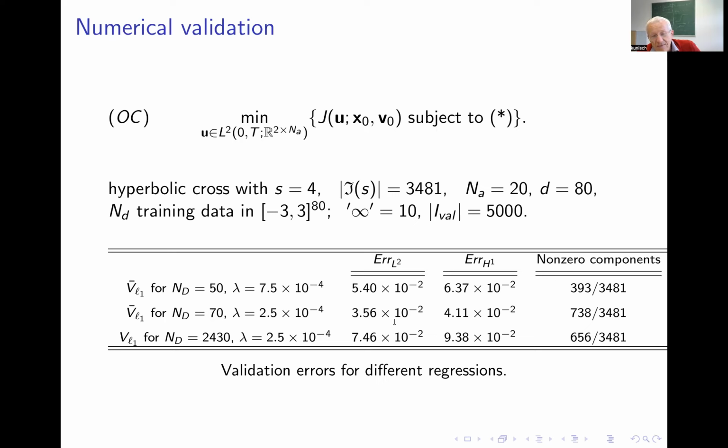To get into the same neighborhood as our errors used to be, I have to increase the sample points significantly. And I do this for the same specification. And then you can see we get errors in the same neighborhood, but at a much higher cost for the lasso regression computations.